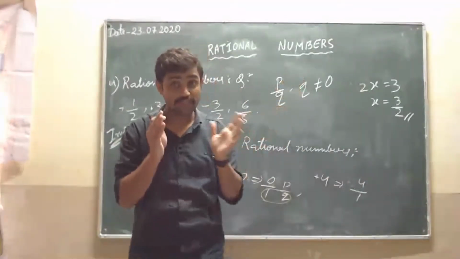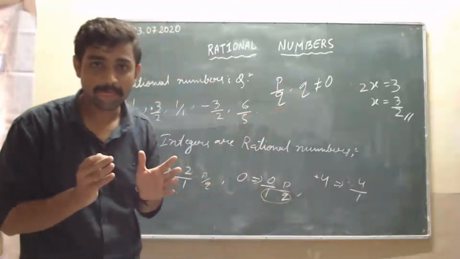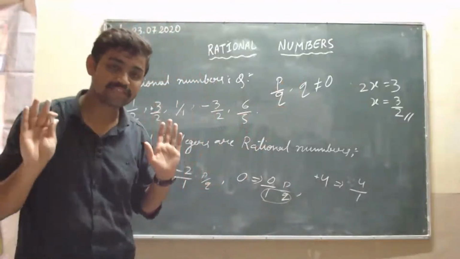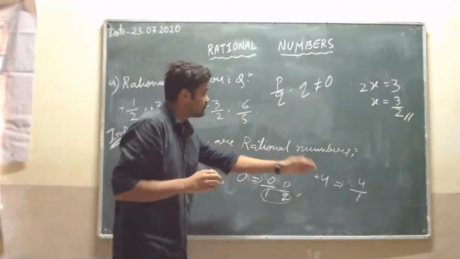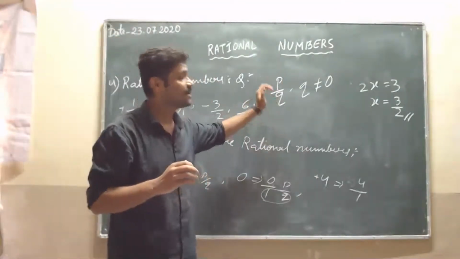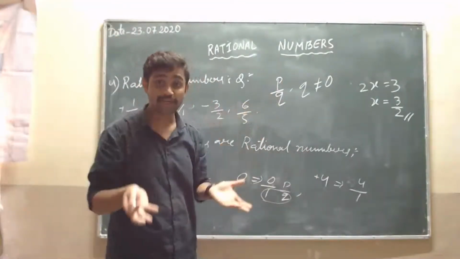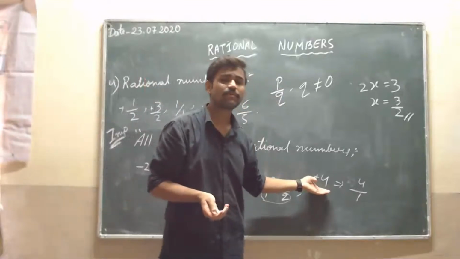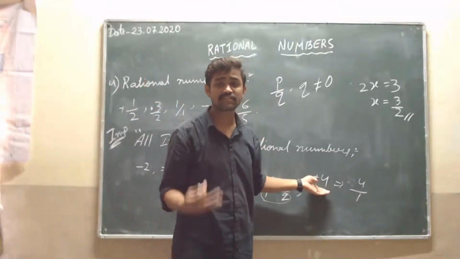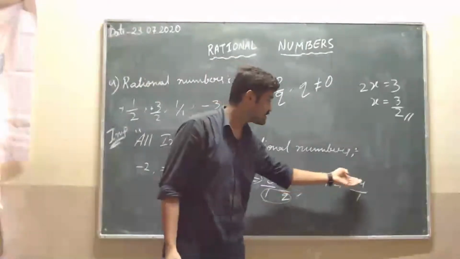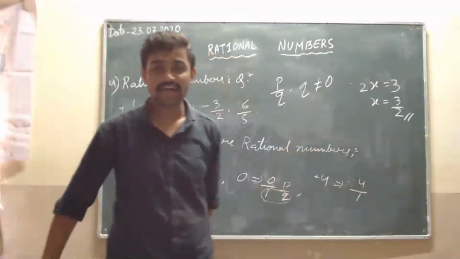We show it in p by q form. The integer was 4; we make it 4 by 1, then it will become a rational number.